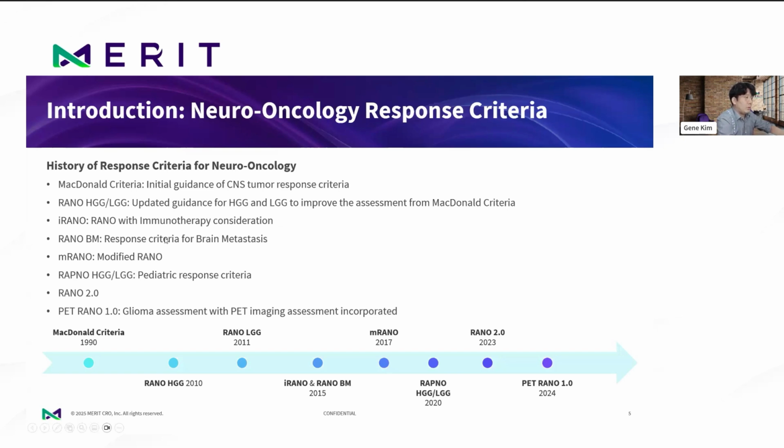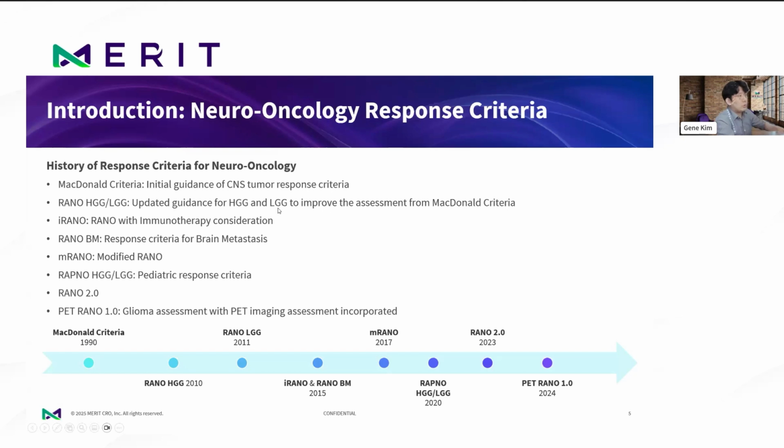This was followed in the early 2010s by the high-grade and low-grade glioma criteria. This was an update to the McDonald's criteria, with improvements and discussion of its limitations, to better assess these glioma types, including FLAIR sequences and, for low grade, the non-enhancing portions.